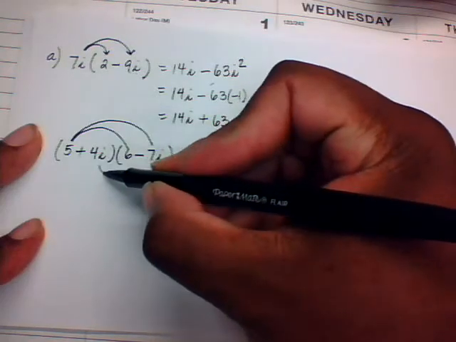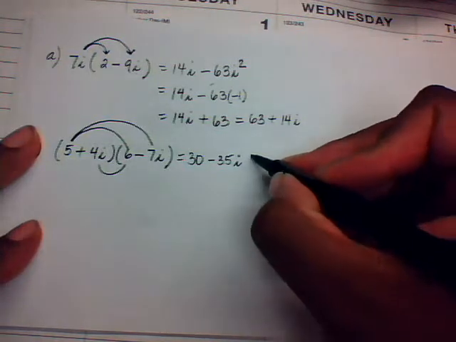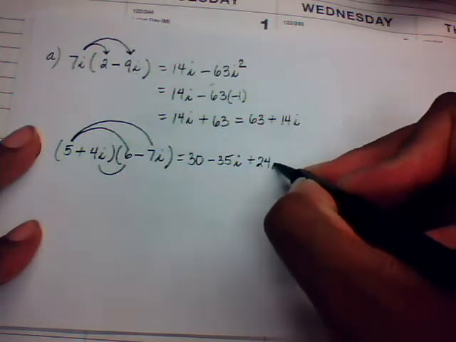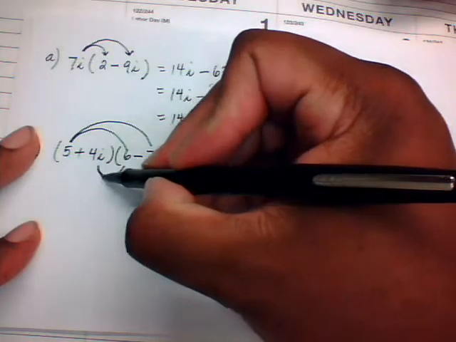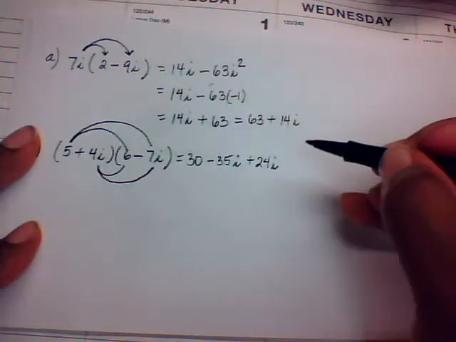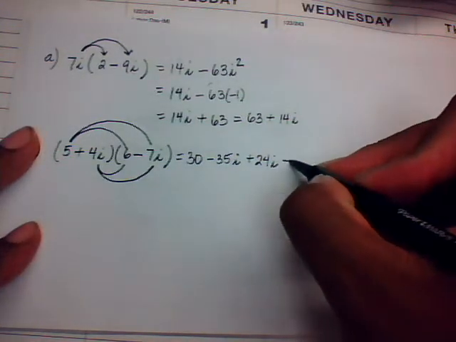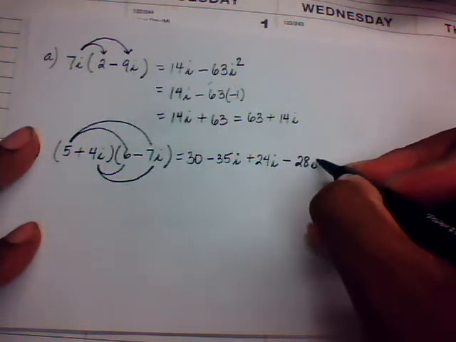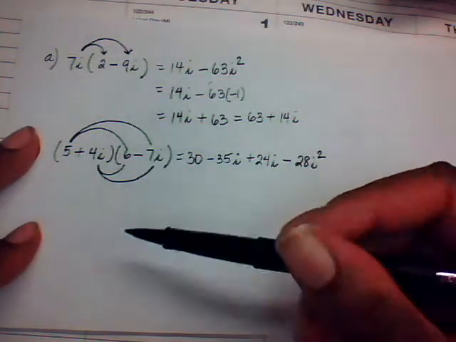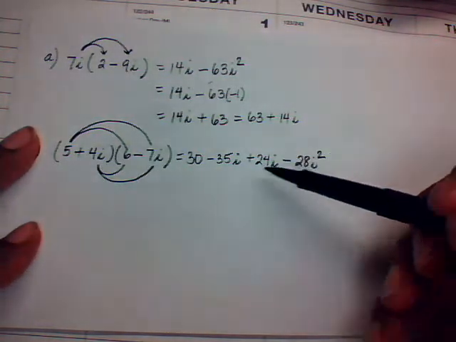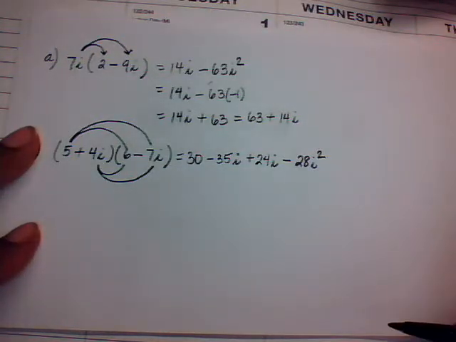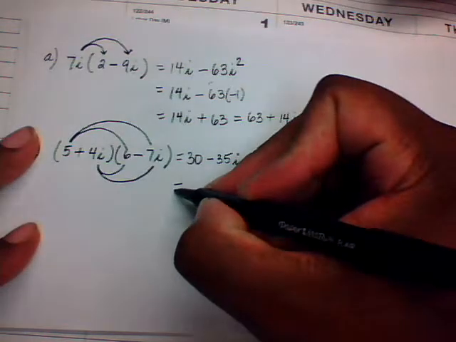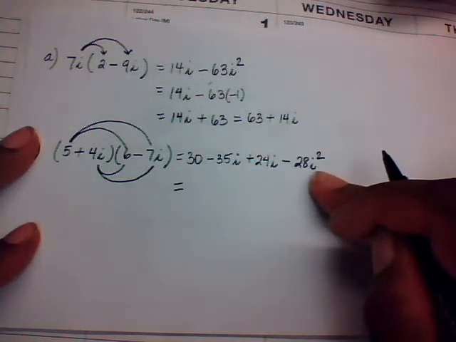Then the inner will be 4i times 6, which will be plus 24i. And then the last term, 4i times minus 7i, which will be a minus 28i squared. Because 4 times minus 7 is minus 28, and then i times i, that's i squared.